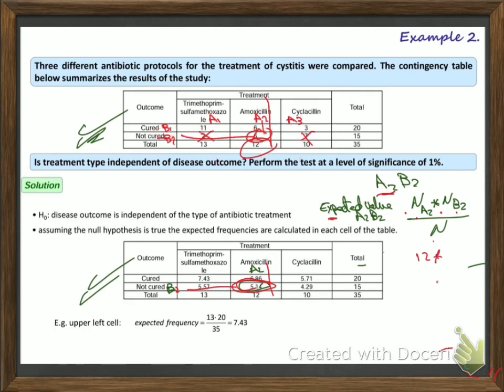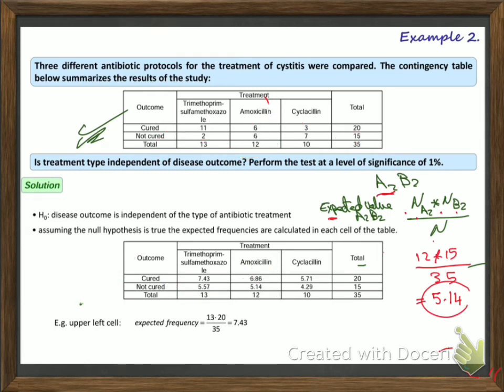So the sum of B2 will be 15, times 15, divided by N total, which is 35, the overall N. So it is equal to 5.40. Just put it here. We take the values from the observation table, substitute them in the formulas for each cell, arrive at the expected value, and put it in the expected value table.